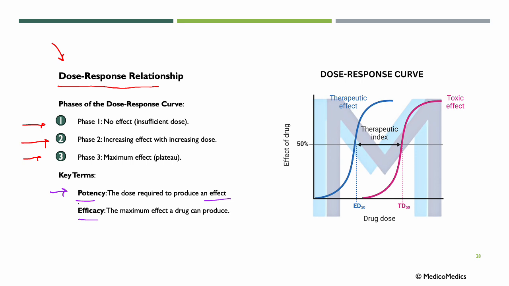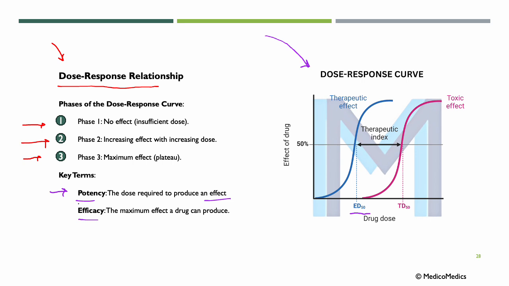And if we look at the illustration right here, the concept of potency is clearly illustrated in our curves here, where the ED50, so the effective dose for 50% response, indicates potency.